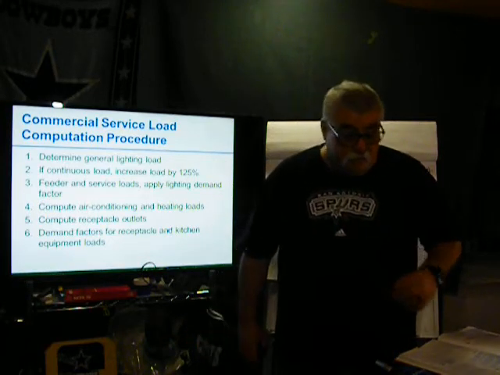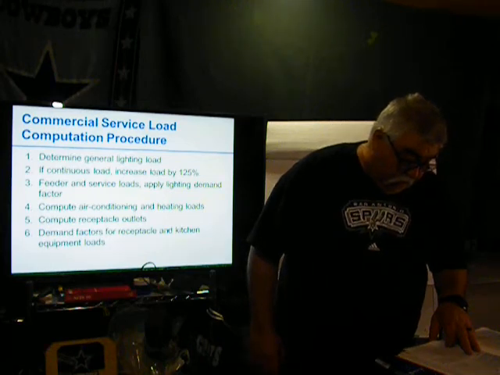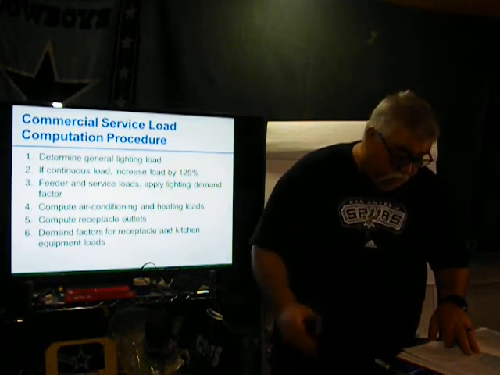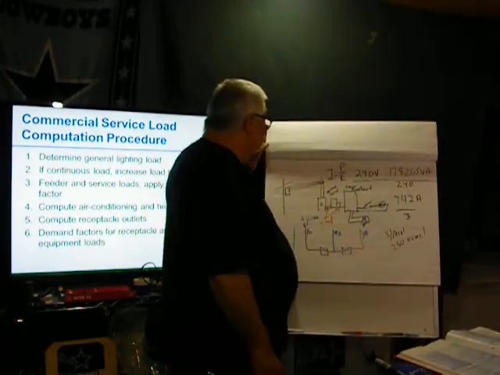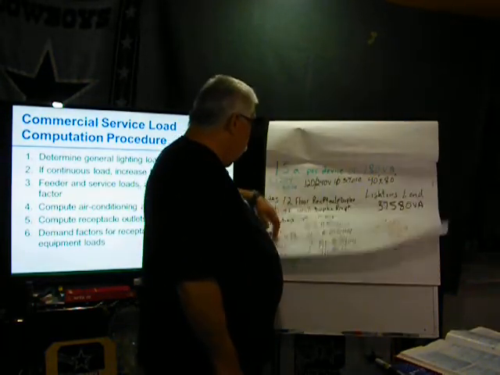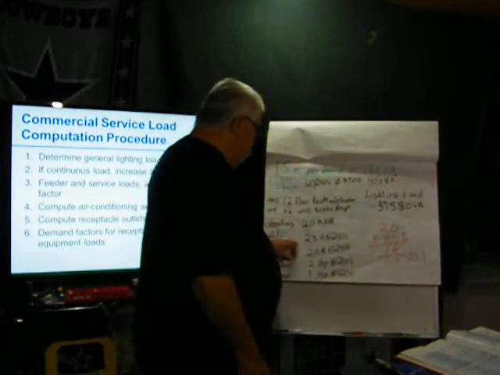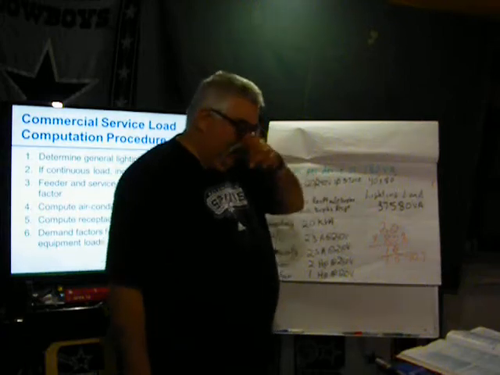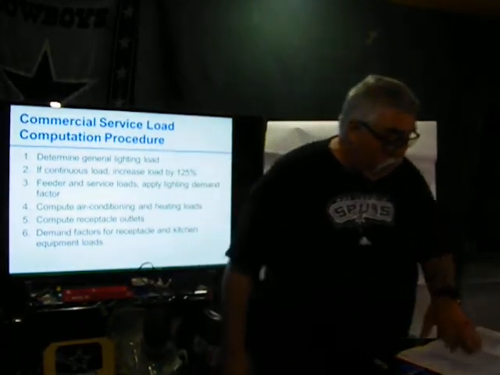We got a bank, 100%. After computing both air conditioning and heating load, omit the smaller of the two, section 220.60. Okay, so that's what you were doing here. So you have to find what is the size of the heating, what's the size of your air conditioning, and then omit the smaller of the two. You're only going to use the larger of the two.